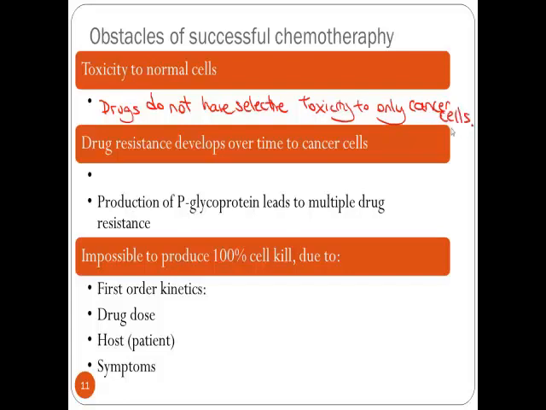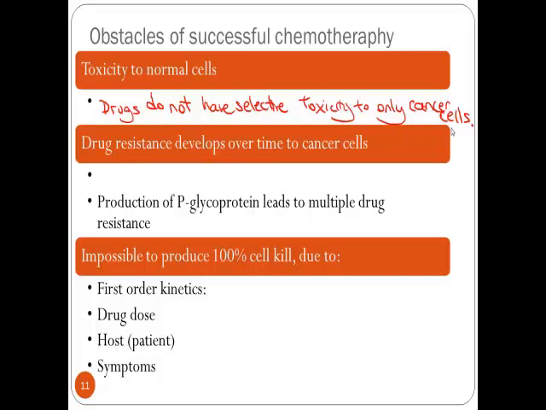And that's why people's hair falls out. They get mouth ulcers. They can't eat because the lining of the digestive tract isn't being renewed sufficiently, and all that kind of stuff. So fast-growing normal cells also get killed in the process.